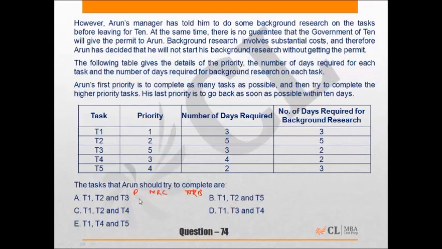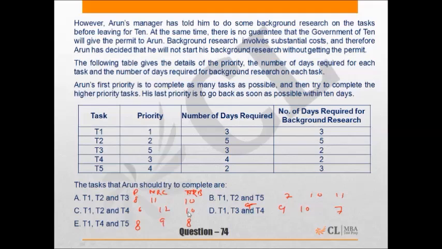And these figures for option A are 11 and 10, for option B are 7, 10, 11, for option C 6, 12, 10, for option D 9, 10, 7, and for the last option these figures are 8, 9 and 8.